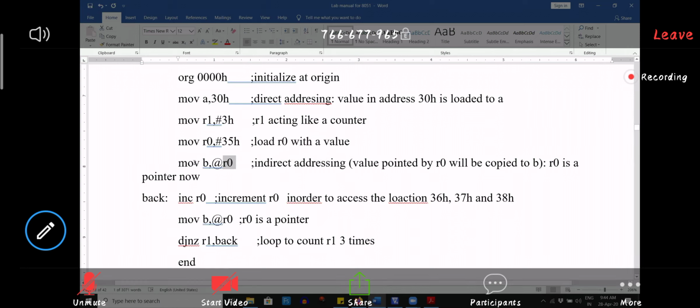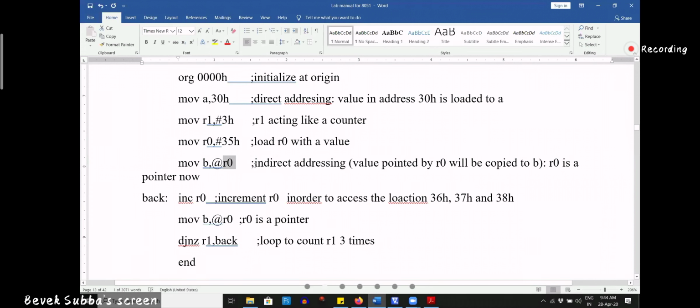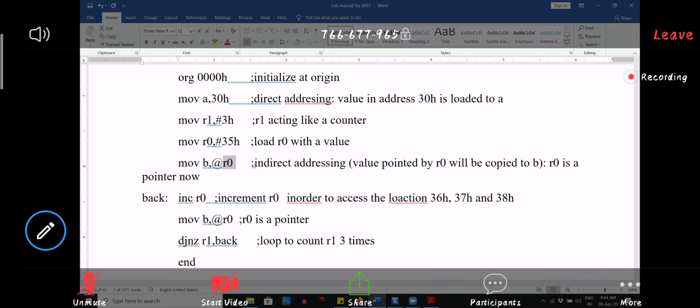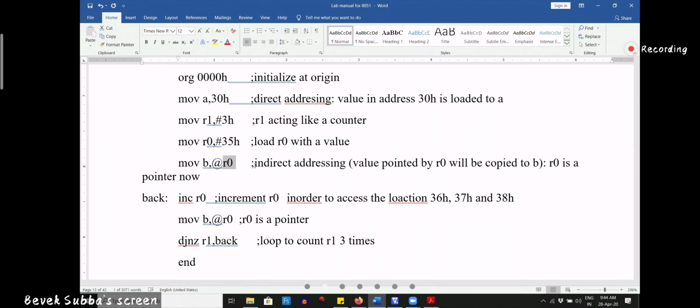The meaning of this one, please understand. The value pointed to by R0 will be copied to register B. R0 is a pointer here. It is a register, but it is not being used in its function as a register.